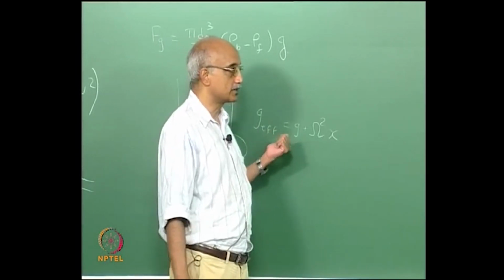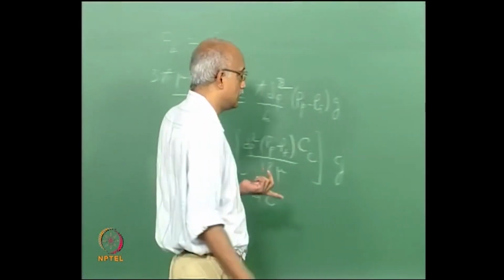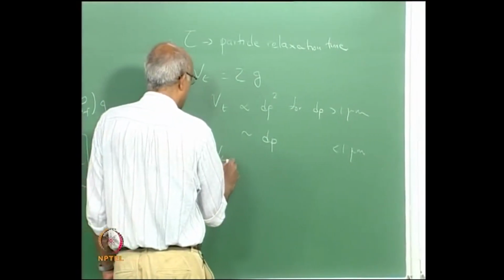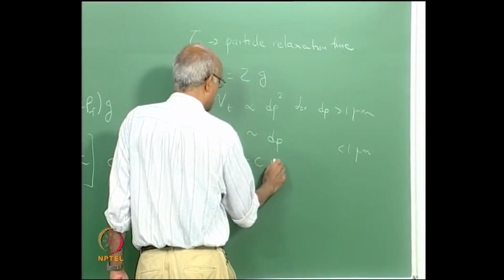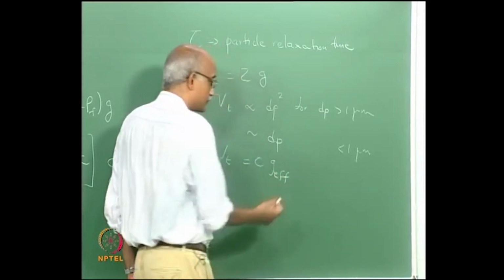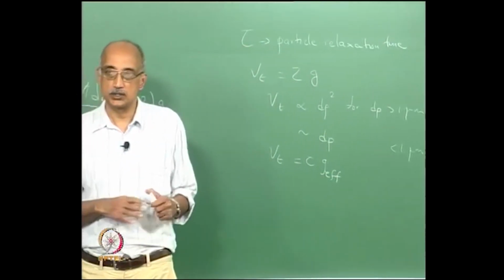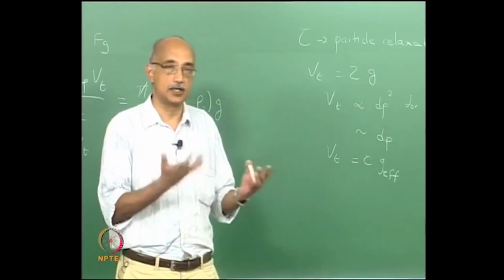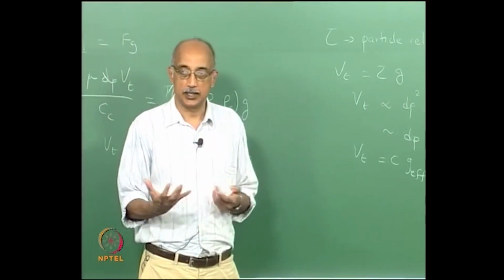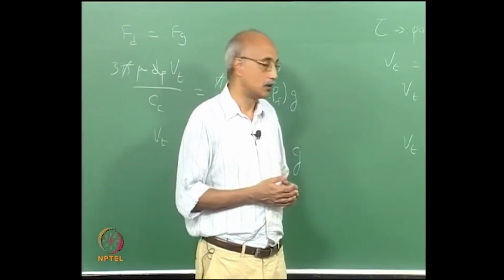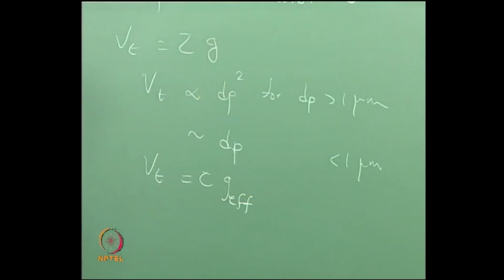So, the net effect of that is going to be that Vt in general equals tau times g effective, where g effective includes the gravitational field plus any other body force field that you have superimposed on that field.